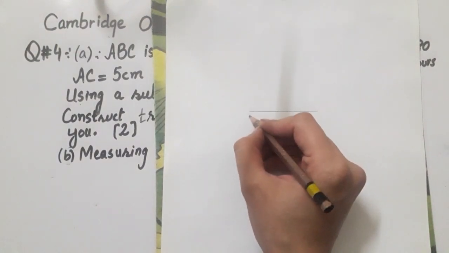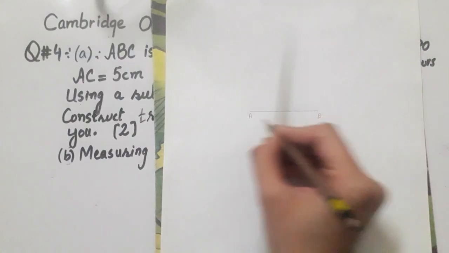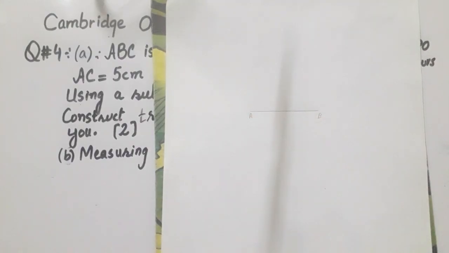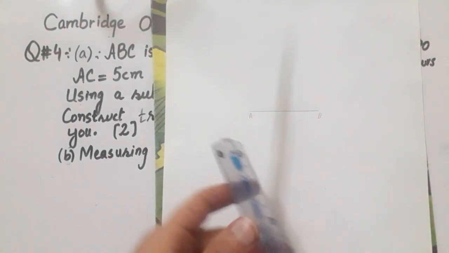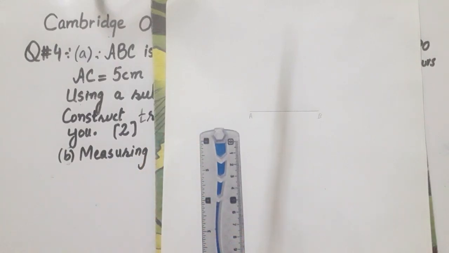First of all, AB length is given. Now you will open your compass to a radius of 5 centimeters.